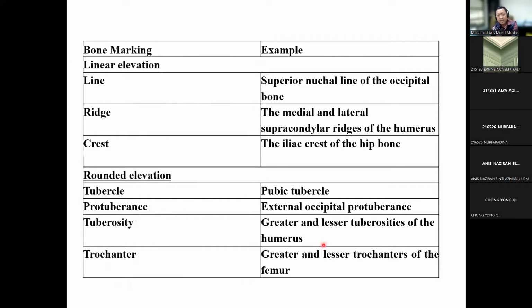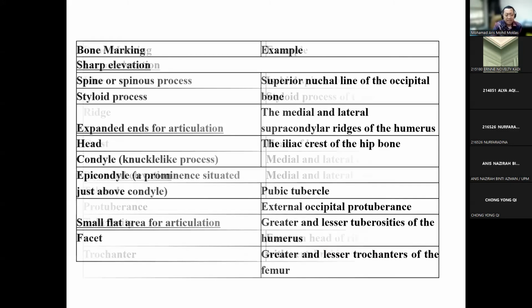So these are bone markings. If you study the bone, I don't expect you to remember all. It's just that when you read a lecture note, you suddenly realize what a line, ridge, or crest is. Remember the linear elevations, like line, ridge and crest, or rounded elevations, like tubercle, protuberance, tuberosity, or trochanter.